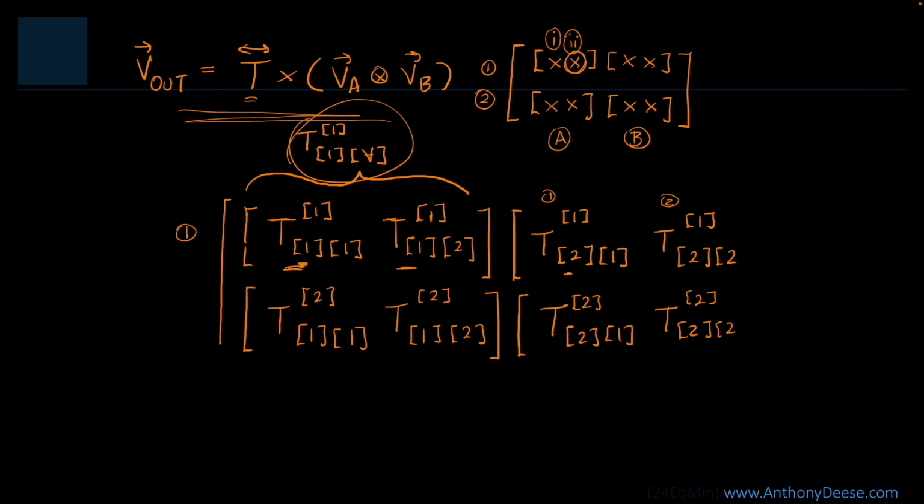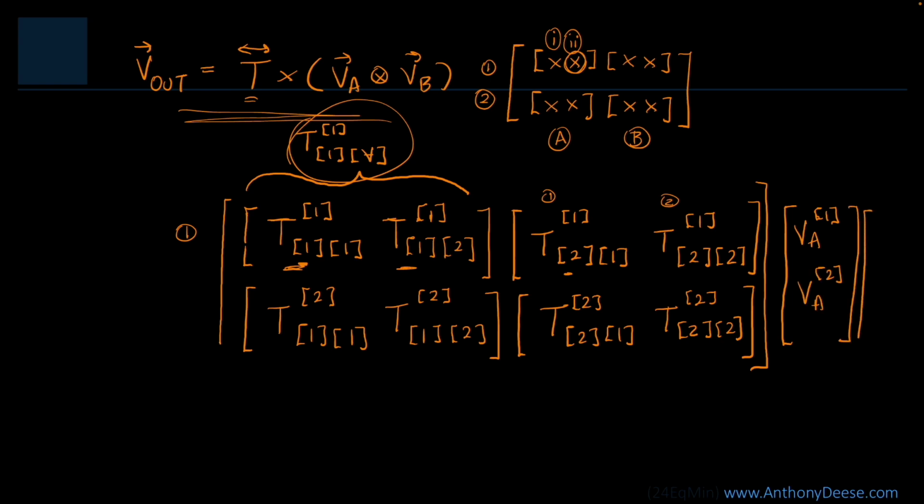I just need a little bit more. Okay, let's see if I can squish this together. All right. So we have VA1 and VA2. And then we have VB1 and VB2. Okay, just barely enough space there.